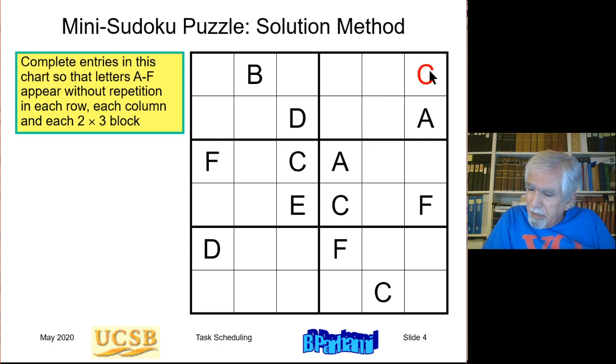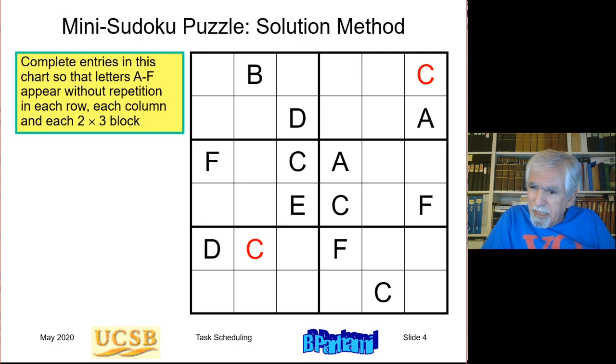So the only option open for putting C is there. So these are sort of freebies. When you solve Sudoku puzzles, sometimes the choice for a particular cell is forced, and therefore it's easy to make progress. Here's another place where you should put C.